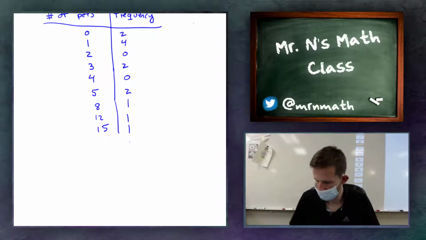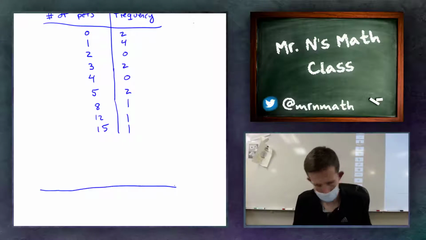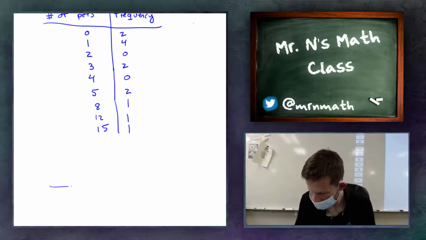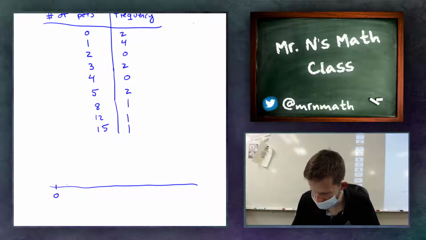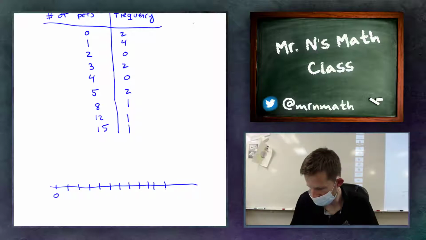So, let's see what this would look like. 0, 1, 2, 3, 4, 5, 6, 7, 8, 9, 10, 11, 12, 13, 14, 15.